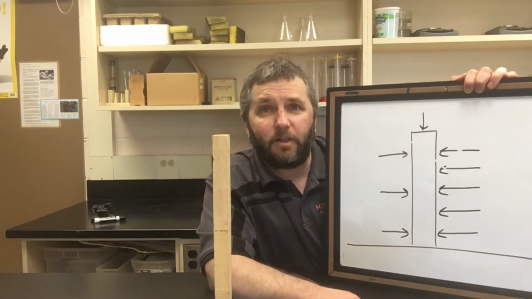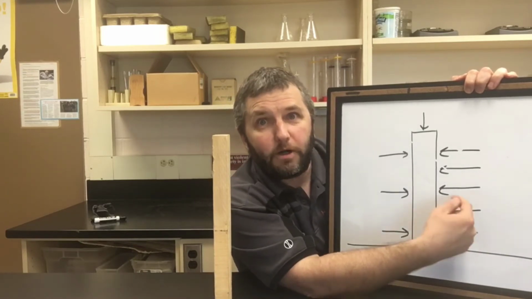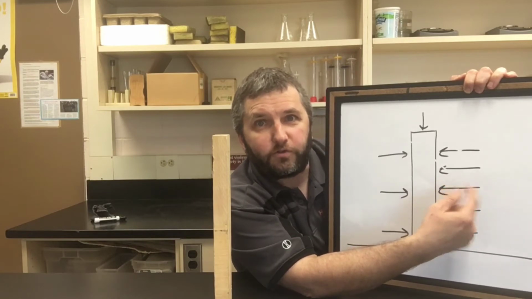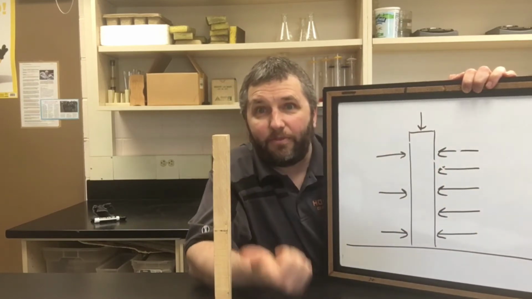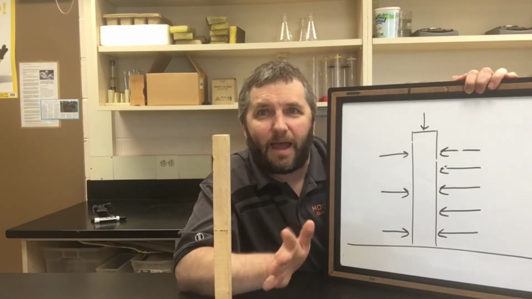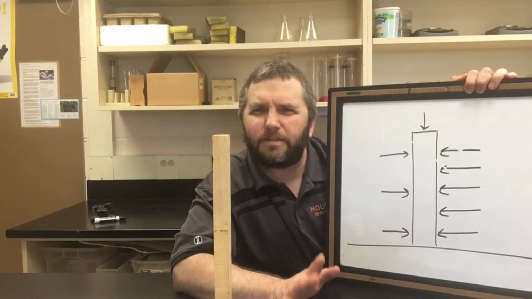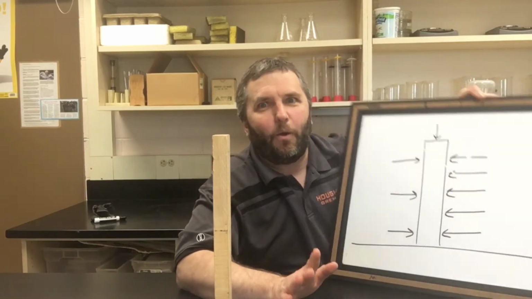What we can claim is true for sure is that there's more overall force on this side of this block. If there's a bigger force on this side of the block than there is on this side, well then what's going to happen? Hey, we can demonstrate that.